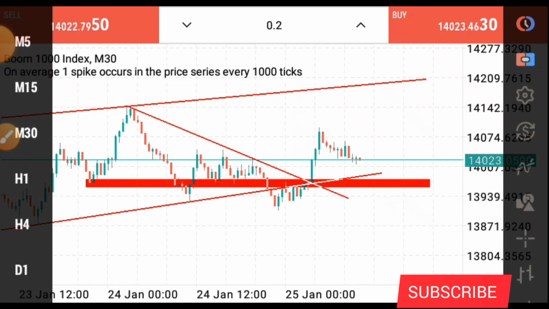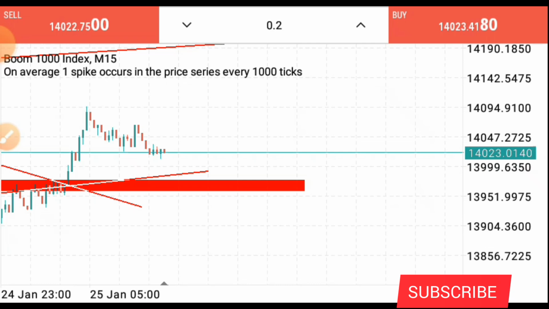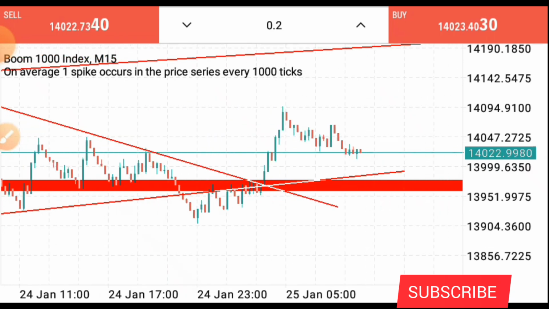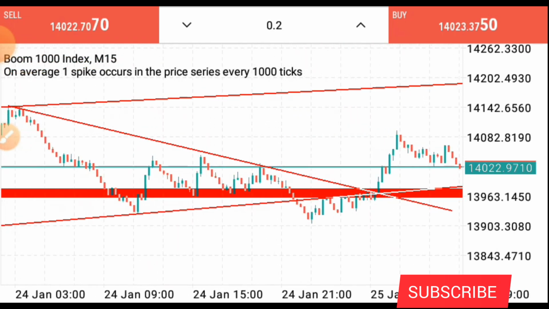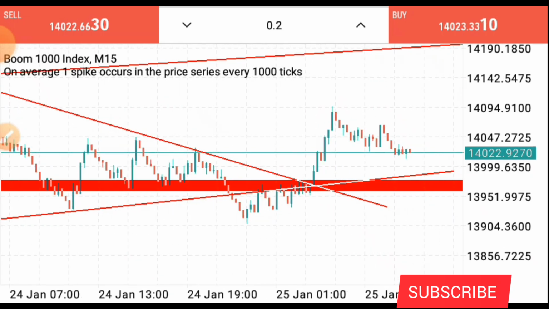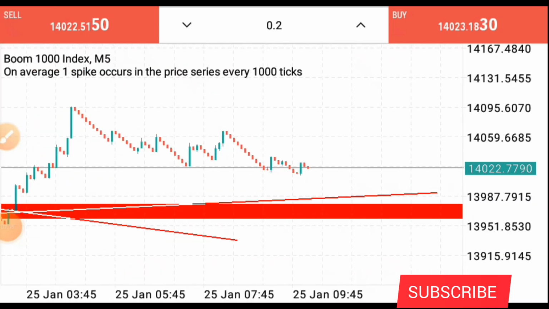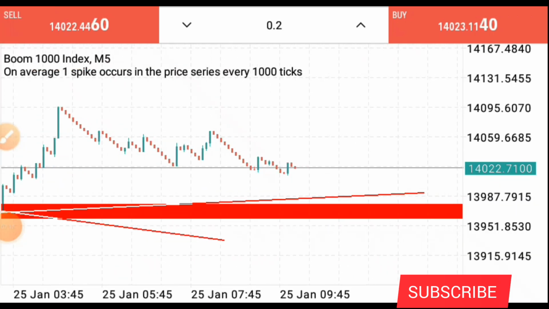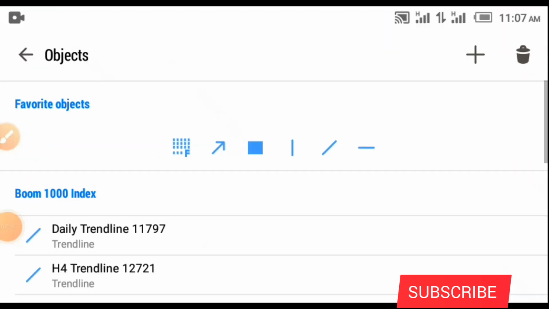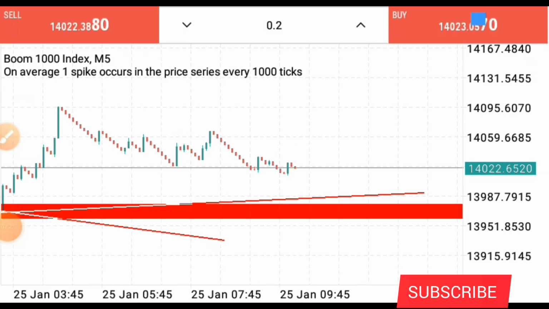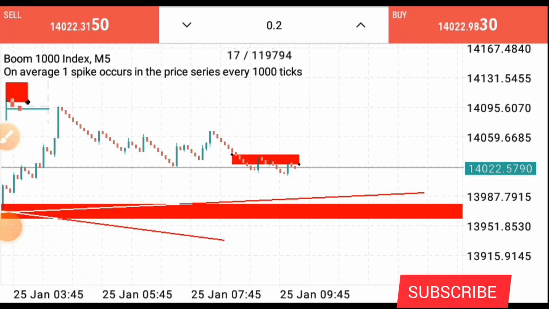Let's go to the 5 and 15 minute time frame. So now this is what I will do. There are two ways I'm going to go about this. One is either I go to the 5 minute time frame, and then I'm going to use the breakout strategy.